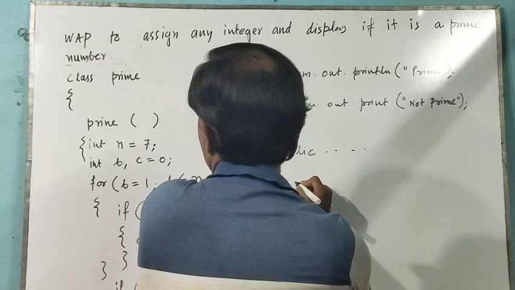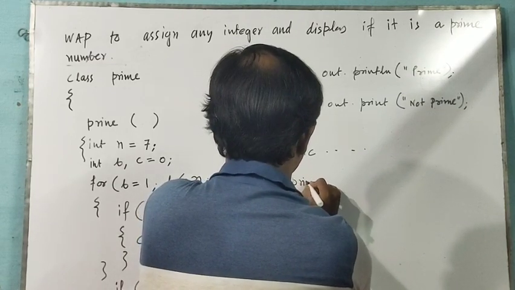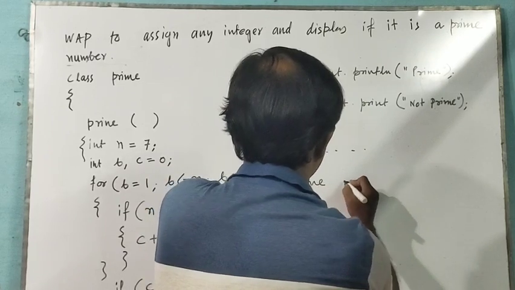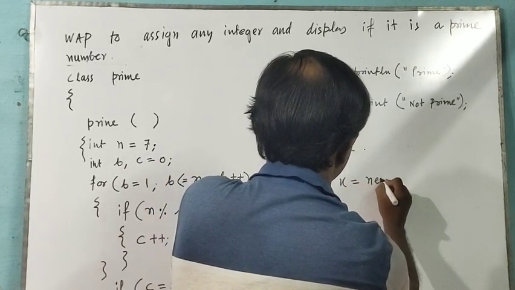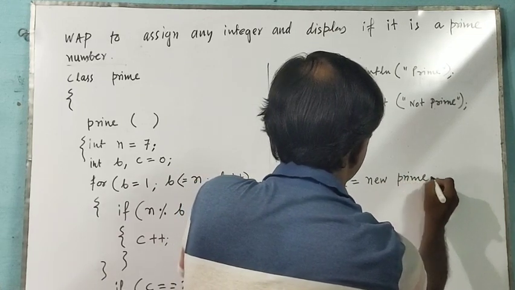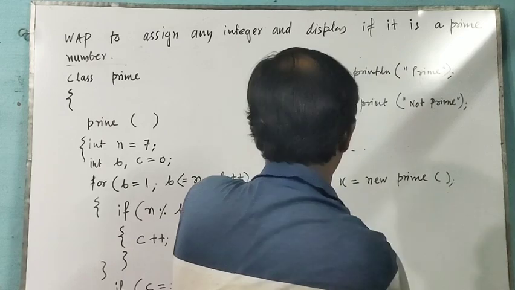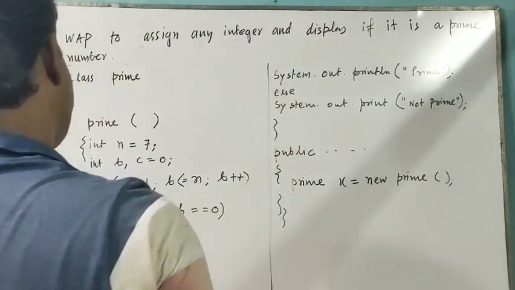We will simply create an object of the class: prime x equal to new prime, with empty brackets. Then we finish the program.